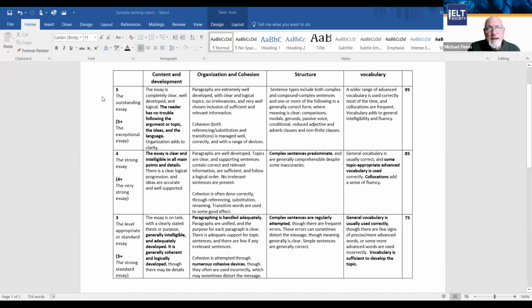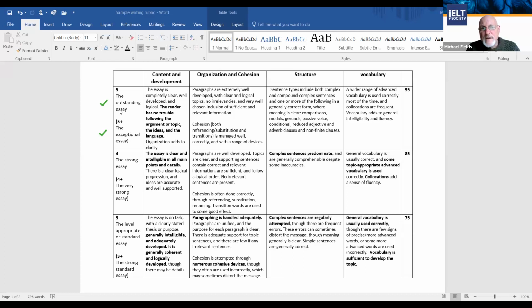Let's look on the left-hand side. We have these very nice, quick descriptors that might allow you to think holistically about what you're reading, and maybe allow you to find the right range. So we go all the way from, well, we'll start at the top. We go from the outstanding essay, and if we award a 5+, it's the exceptional essay.